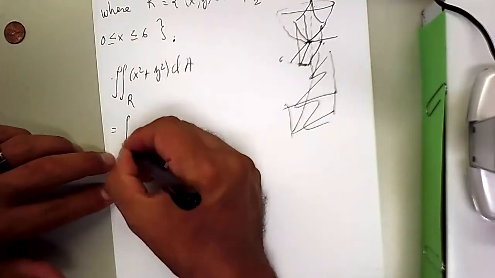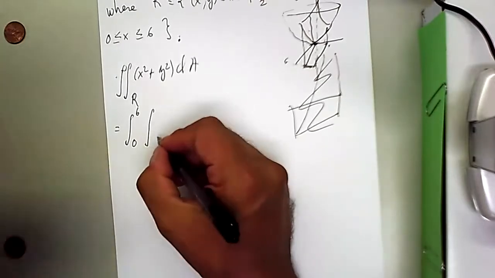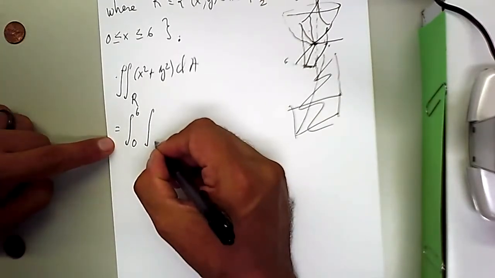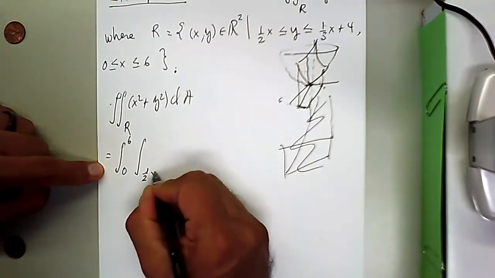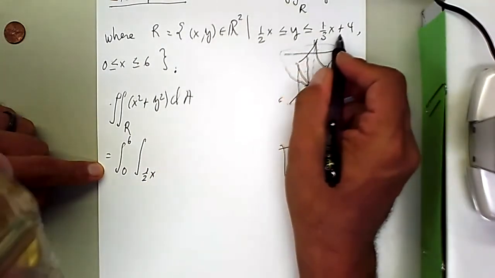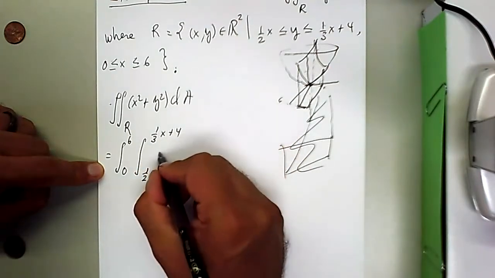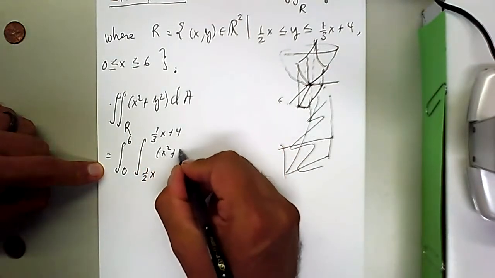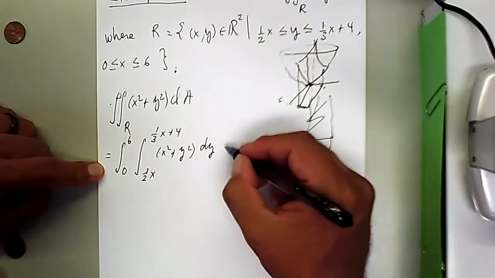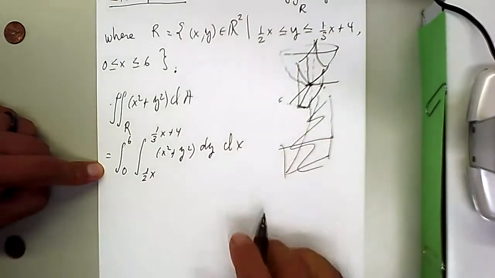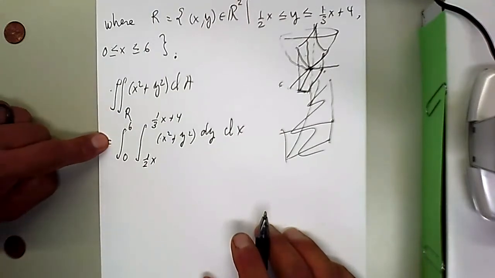So this is the integral from 0 to 6, integral from the bottom function, which is half x, to the top, third x plus 4, of x squared plus y squared. We're going to integrate first with respect to y, because that's what's varying, and then with respect to x. Remember, this is an iterated integral, so we went from a double integral to an iterated integral.